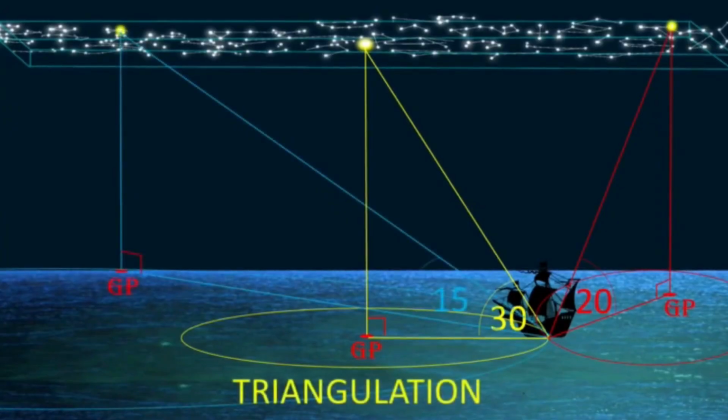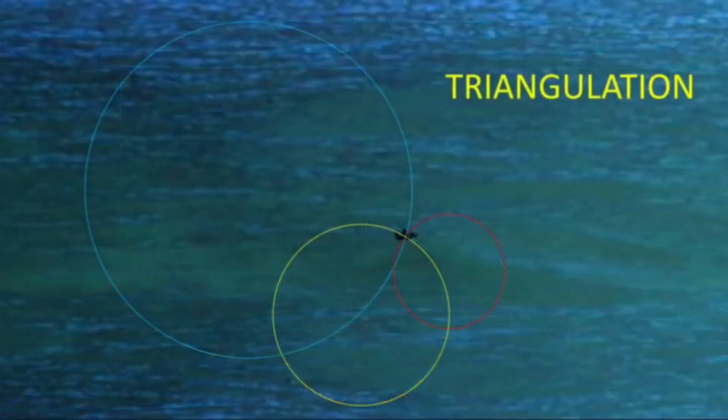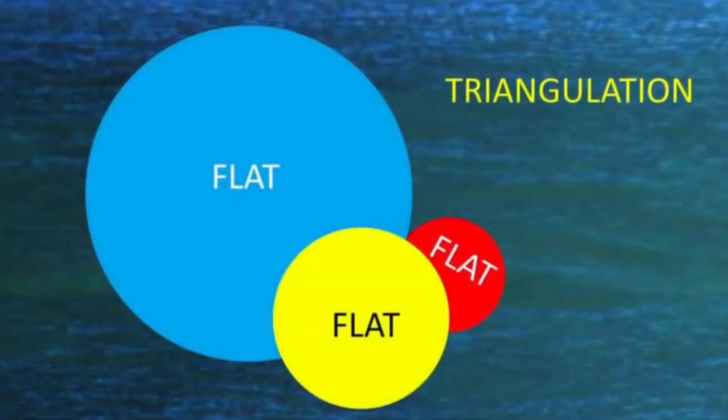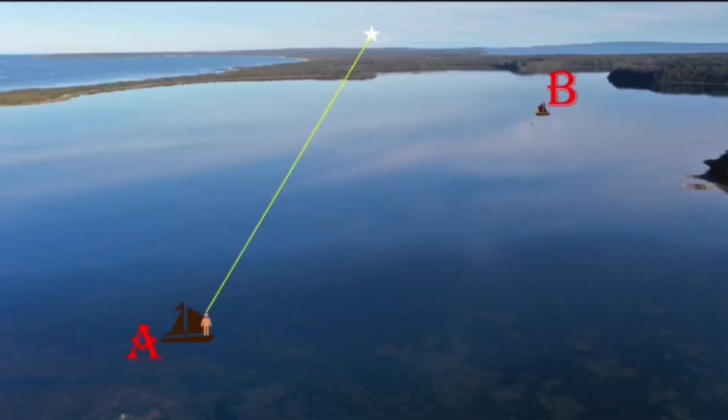This is how celestial navigation works and has always worked on our flat, level plane. So if observer A measures an angle to the star, and observer B measures an angle to the same star, both angles are the same, 30 degrees.